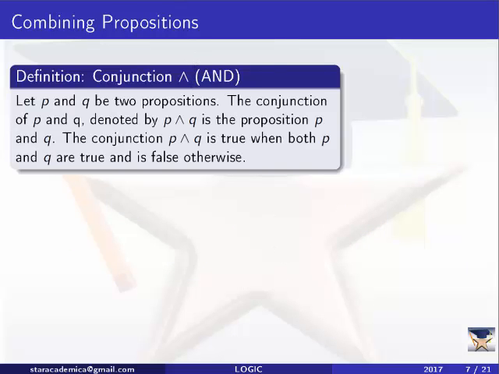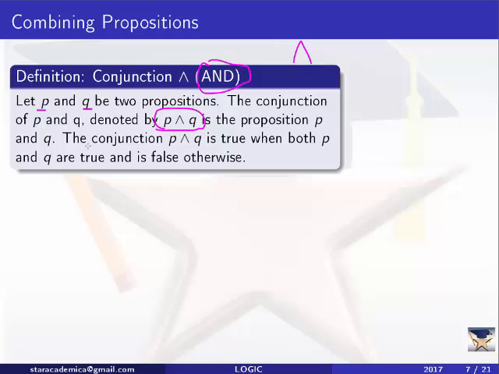Now we are going to learn some operations between the propositions, and the very first one will be the AND notation. The AND notation is an upside down V, like this, so we are going to call it AND. And we are going to use this to combine propositions. Given two propositions P and Q, the conjunction of P and Q, which is denoted by P and Q, is the proposition P and Q, really.